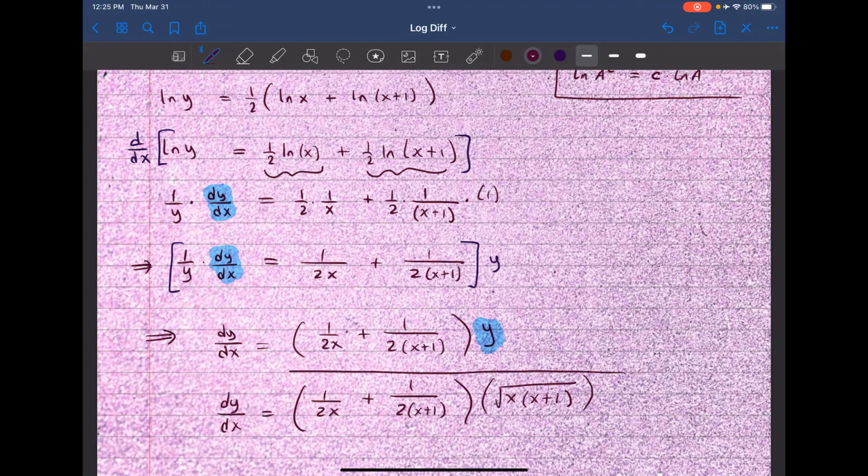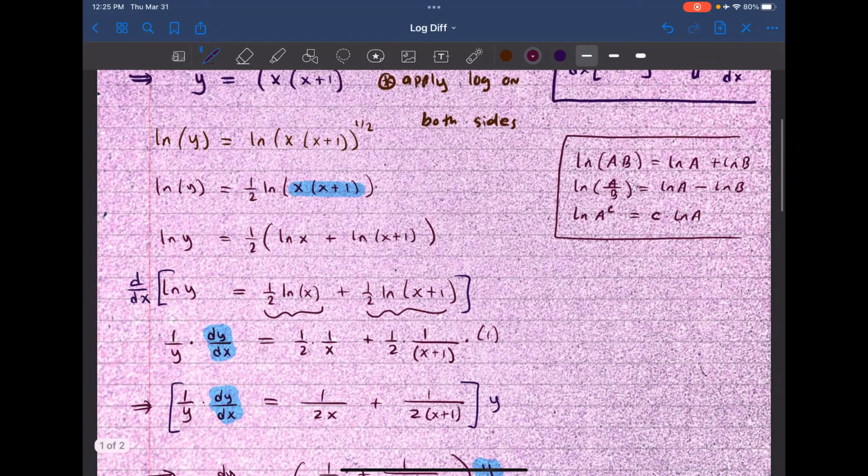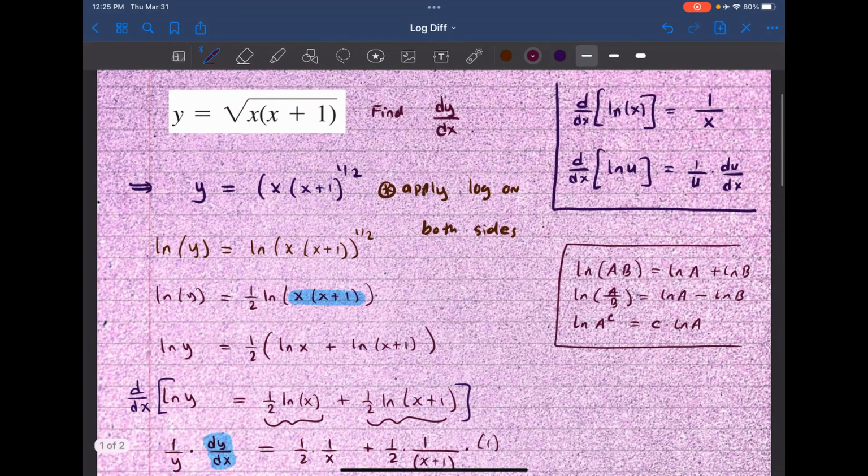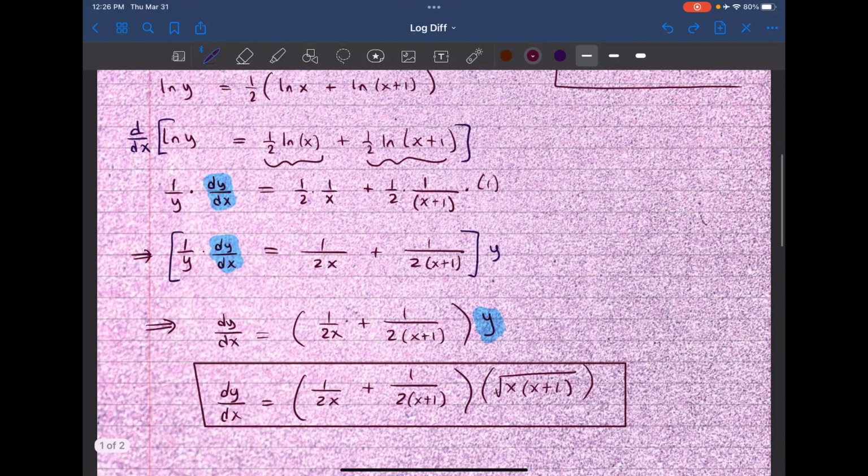So that will be our final answer by using implicit differentiation along with logarithmic differentiation. Now you could have approached this problem by simply using chain rule and product rule once you wrote it in this form, and try to compare your answer, and you'll see that that's the same answer as we got for this part right here.